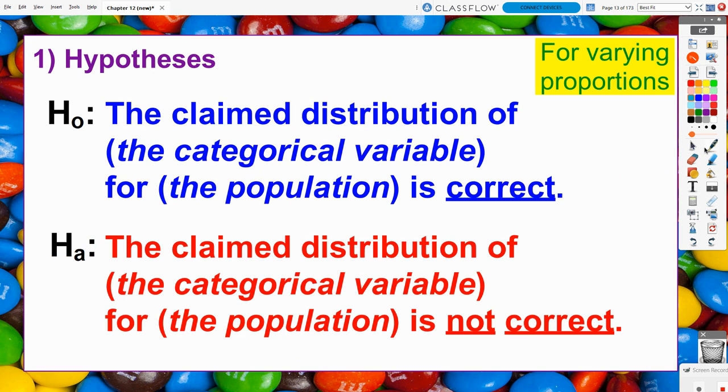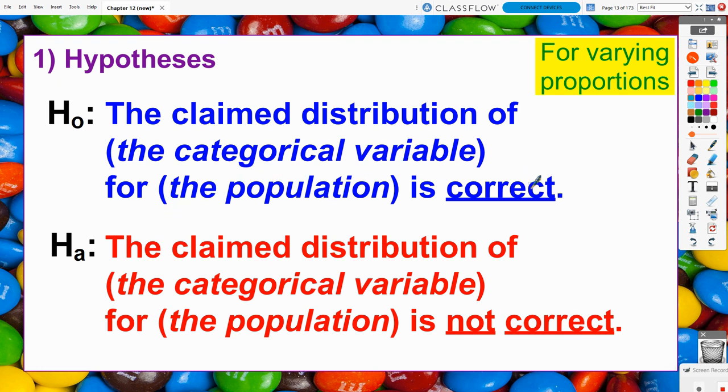Now, for the hypotheses, we are going back and writing hypotheses because we are testing. I have these written 2 different ways. So notice up here, I've got the one for varying proportions, like our M&Ms. In general, this is what the null and the alternate hypothesis is going to look like. The null hypothesis is going to be that the claimed distribution of the categorical variable, whatever we're hypothesizing about, and in this case, M&M colors, for the population of interest is correct.